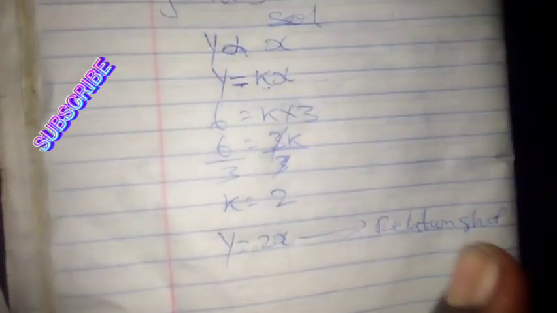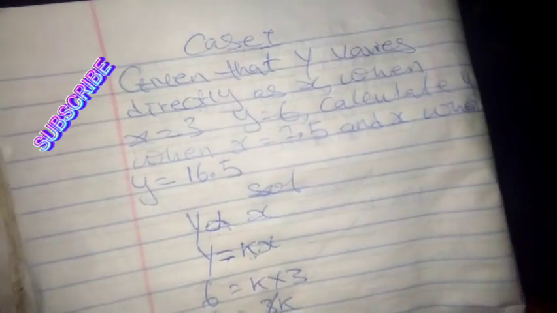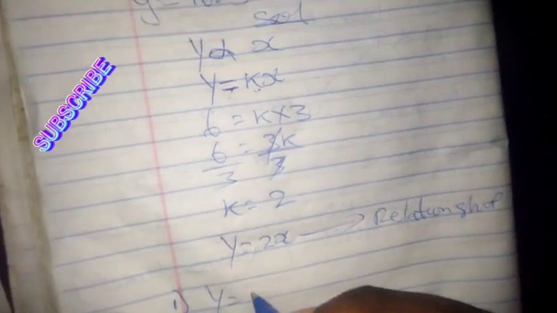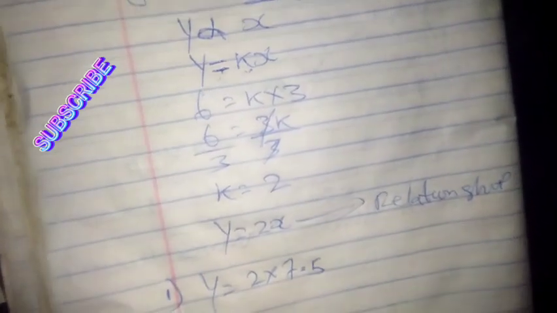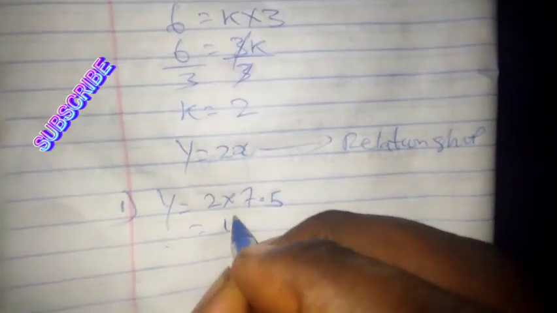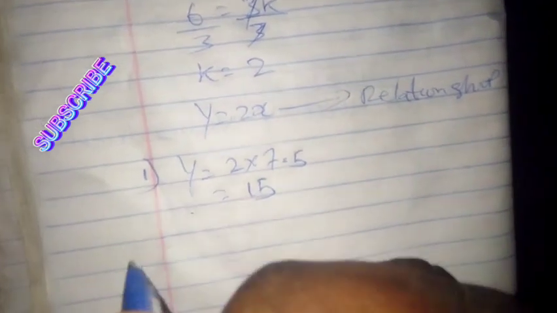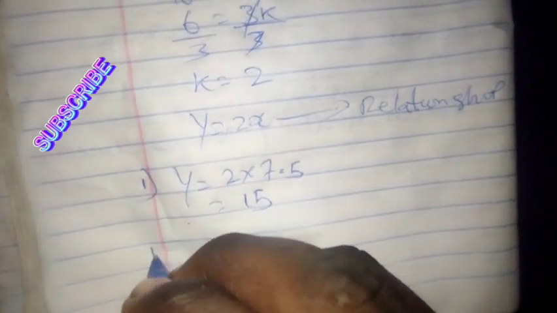So y equals 2 times x, with x being 7.5. 2 times 7.5 will give us 15.